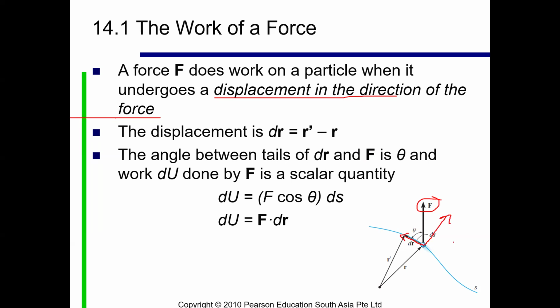Now, which one is the cos component and which one is the sine component? The one that is in the direction of dr should be which component? Cos component or sine component? What should I write for this force component, please?